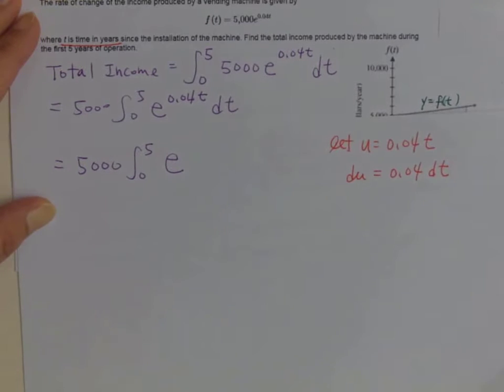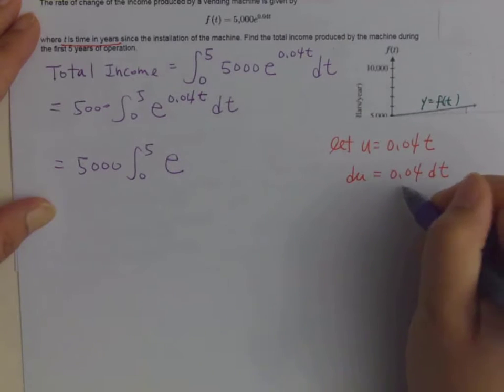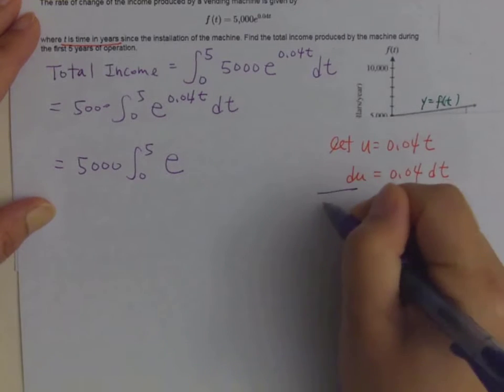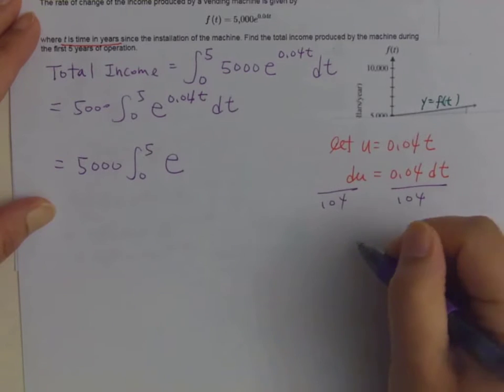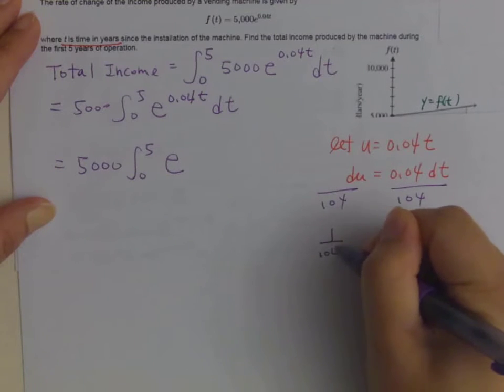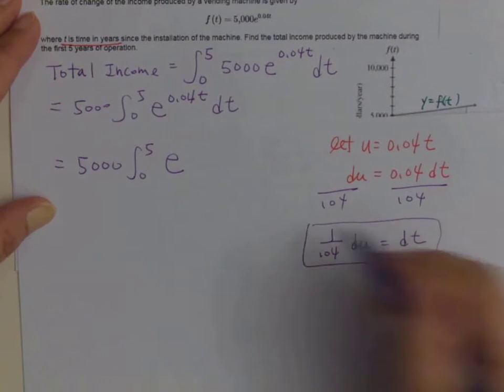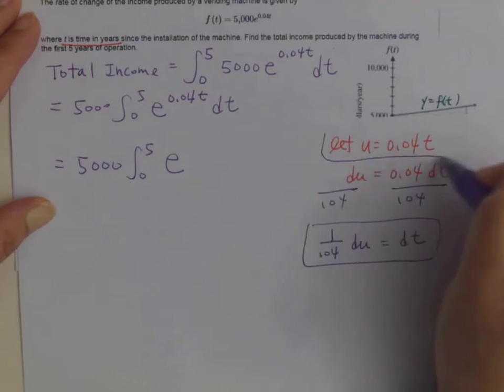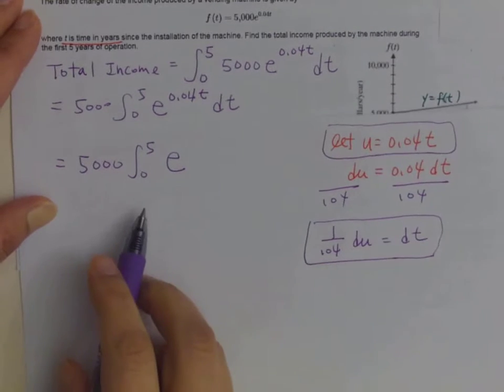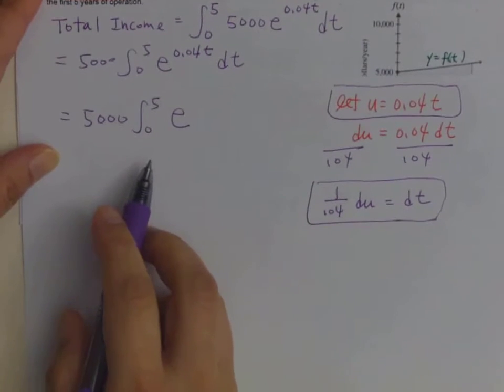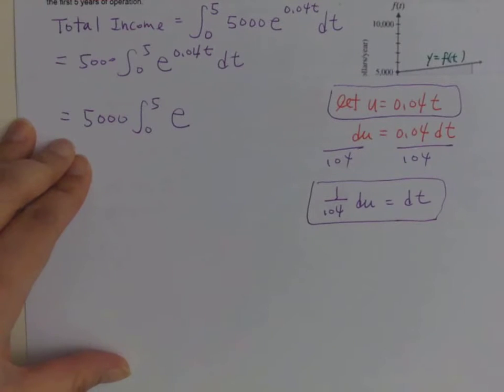I don't have 0.04 as my coefficient, so I divide both sides by 0.04, so 1 over 0.04 du equals dt. Because this is a definite integral, we also need to find the new u limits.